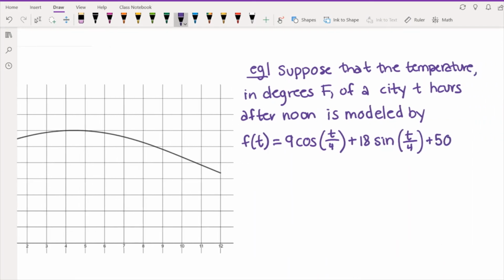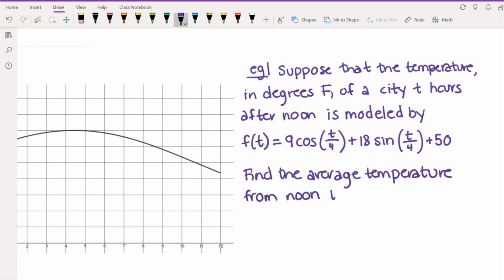So the question we're going to answer is we're going to find the average temperature from noon to midnight.